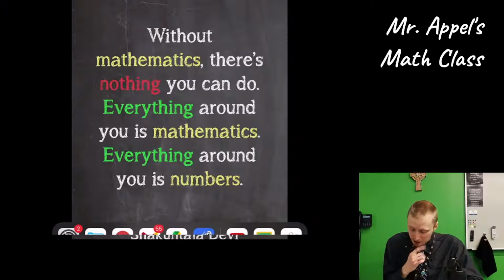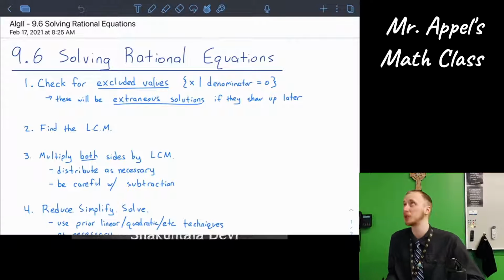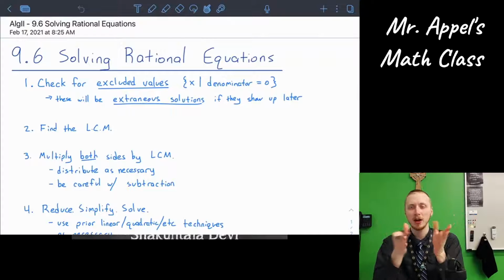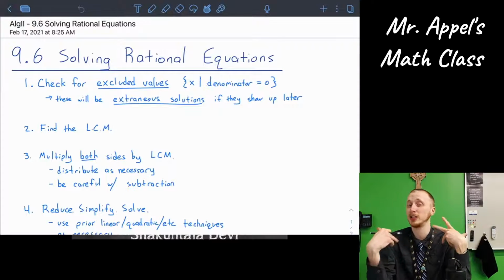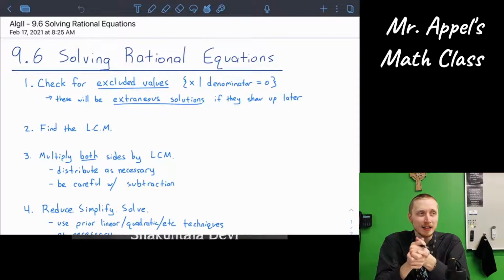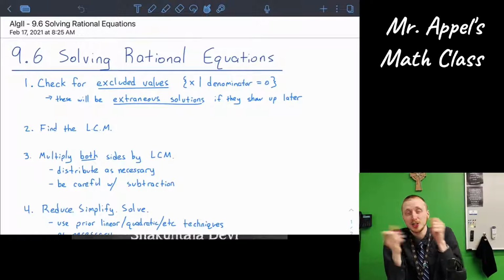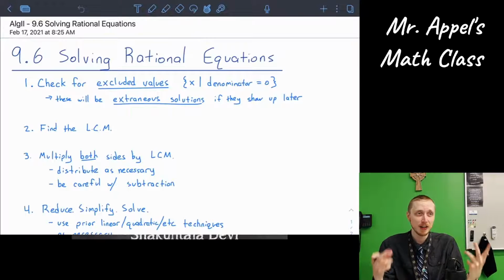We've got to deal with, what are we dealing with? Where are we? Algebra 2, we are in 9.6. Oh, we're so close. We're almost done. Rationals, rational functions, rational equations, rational expressions, all that in there. And then remember last week, we threw in a couple of other general types of relationships, identifying things.